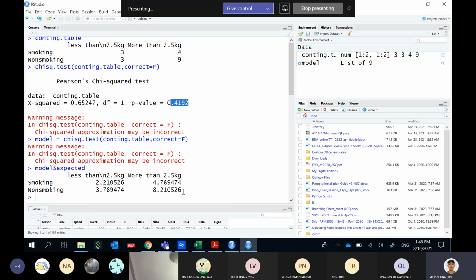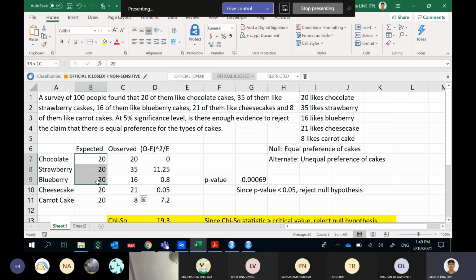Now, what this means is expected values can be decimal points. Okay, expected can be decimal points, which means that all these, right, the expected can have decimal points, it's fine. No problem with it.